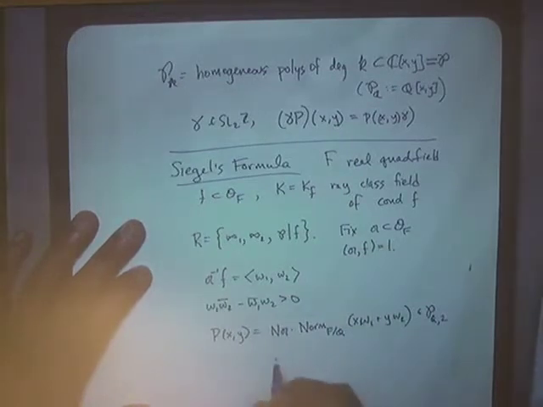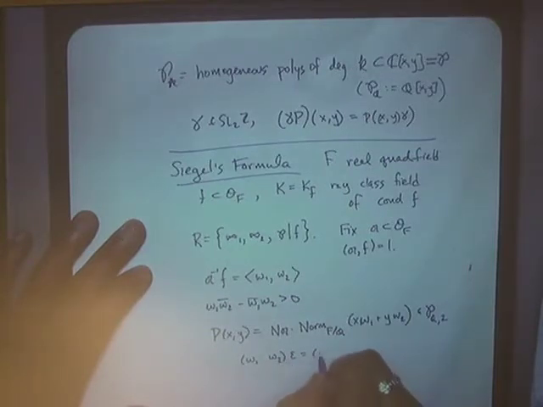Okay, so now what other data do I need? Well, I'm going to give you a matrix gamma in SL2Z, and that'll just be the matrix for multiplication by an element epsilon with respect to this basis. So what is epsilon?